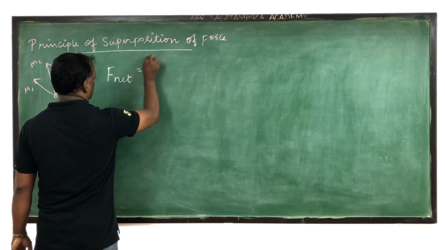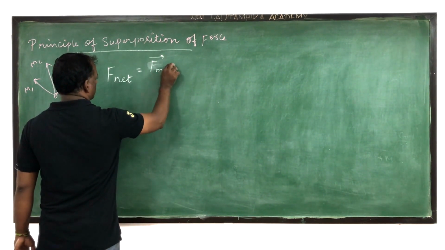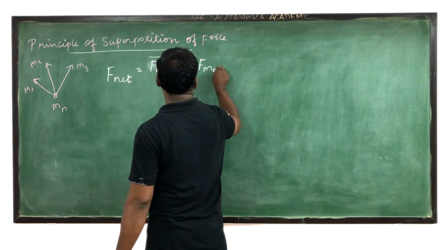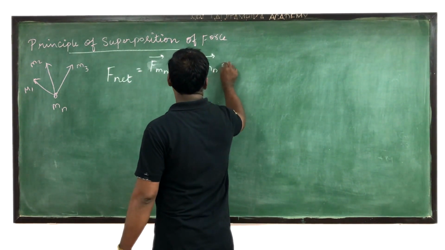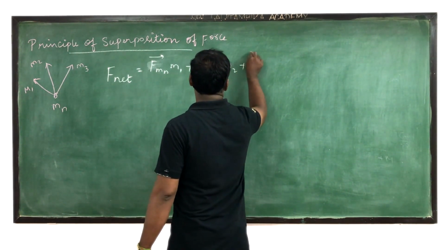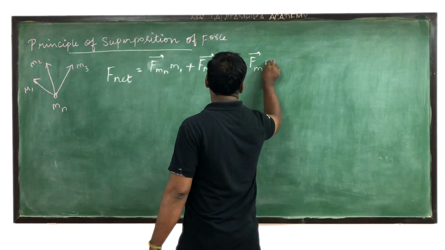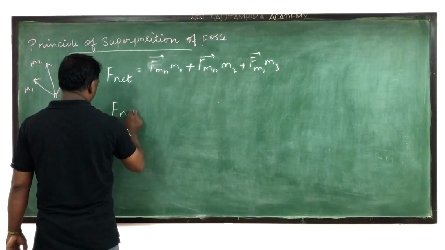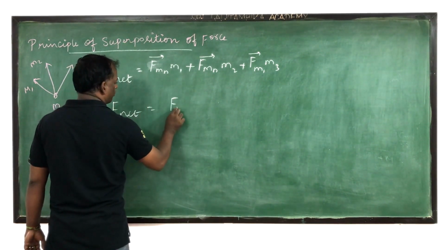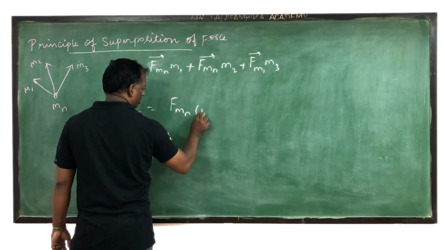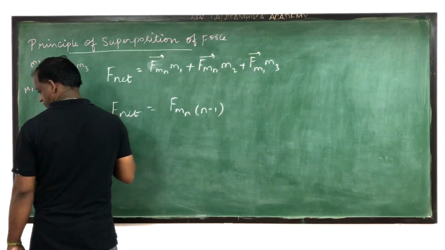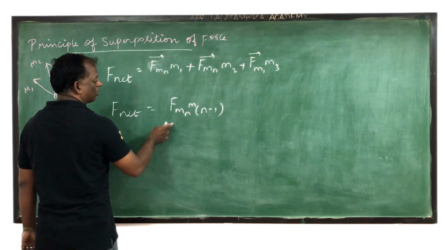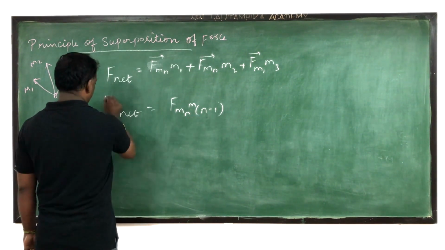Force vector is equal to the force vector of Mn and M1 plus the force vector of Mn and M2 plus the force vector of Mn and M3, or we can write F net force is equal to F Mn, n minus 1.